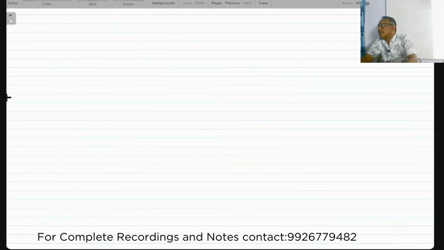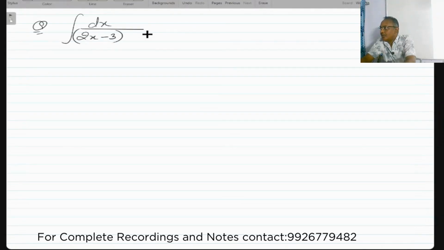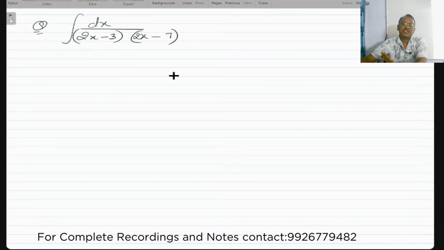Remember one thing, children. Suppose you had a question like this: dx upon 2x minus 3 into 2x minus 7. ठीक है. Don't use a partial fraction for the time when the coefficients of x are the same.